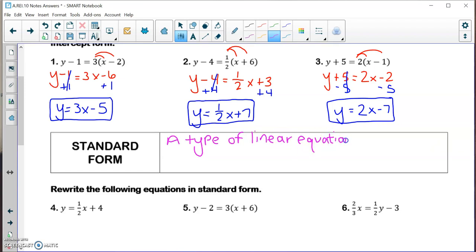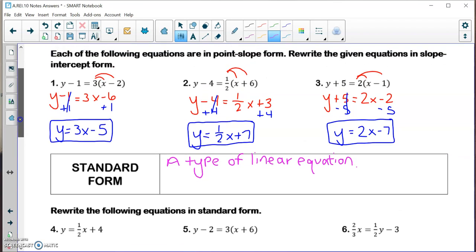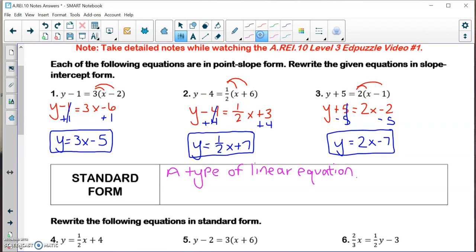Standard form is not as useful to us as slope-intercept form is. Remember, in slope-intercept form, we can easily identify the slope and the y-intercept. And in point-slope form, we can easily identify the slope and a point that lies on our line.